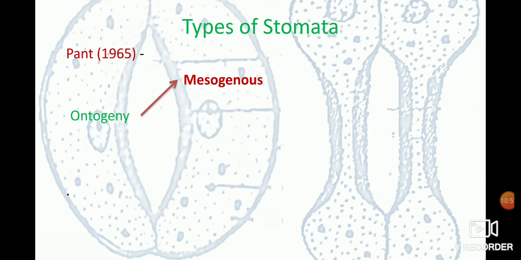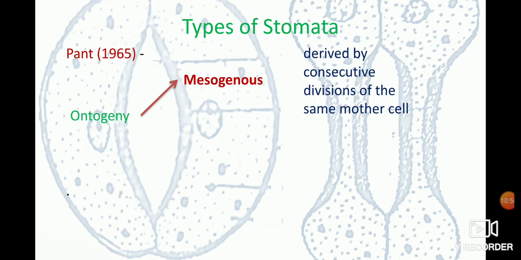First are the mesogenous type, in which the guard cells and subsidiary cells are derived by consecutive division of the same mother cell. This means the guard cells and subsidiary cells develop from the same mother cell.